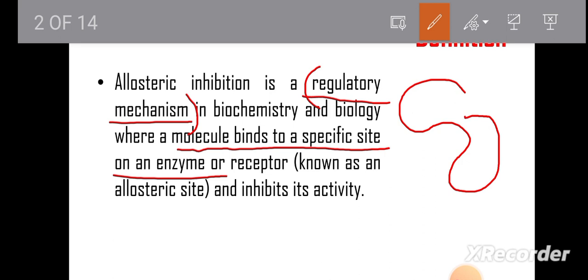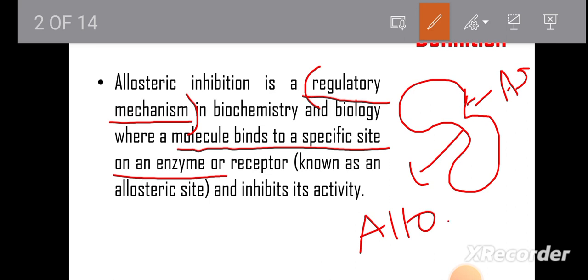Imagine this as an enzyme. This site is called the active site, and this is called the allosteric site.